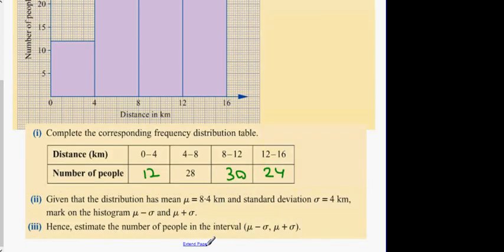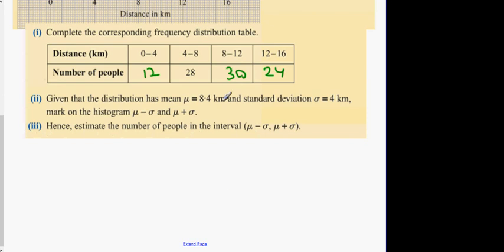Now that that's done, it gives you the mean and the standard deviation. Then it says mark on the histogram the mean minus 1 standard deviation, and the mean plus 1 standard deviation. So mean minus 1 standard deviation is going to be 8.4 minus 4, which is 4.4.